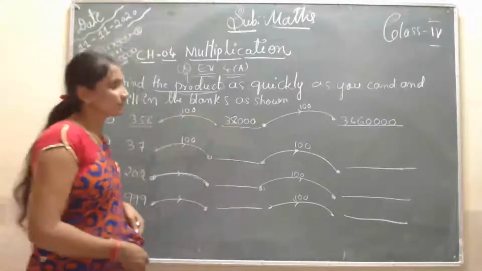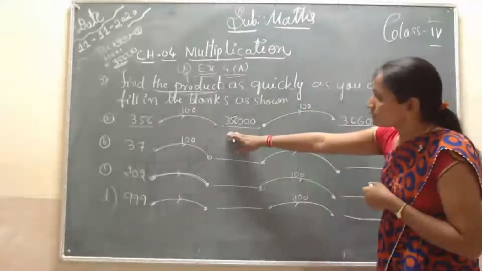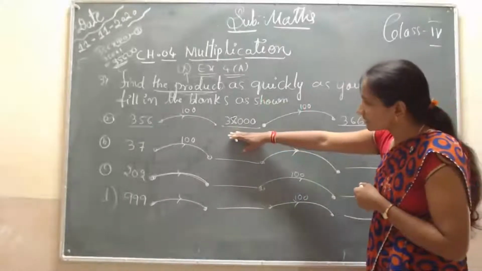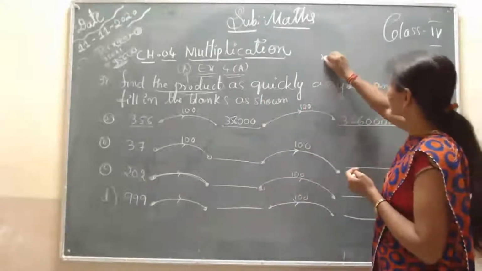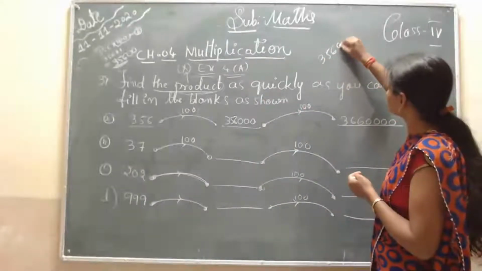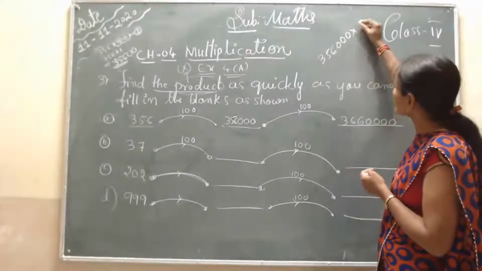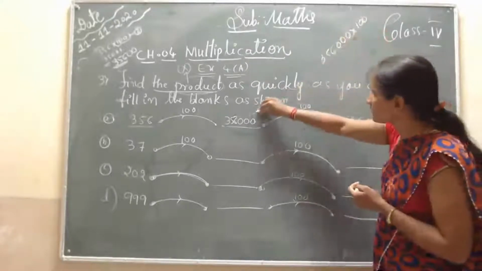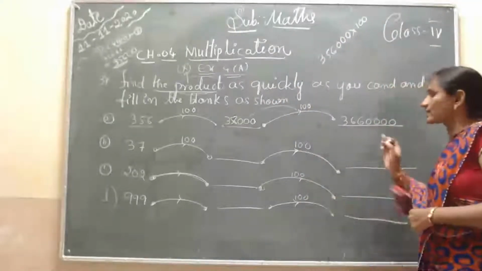Next, applying the same method, 3,56,000 into 100, that is 3 lakh 56,000 into 100. Next, you have to multiply this number by 100. What is the answer, students?